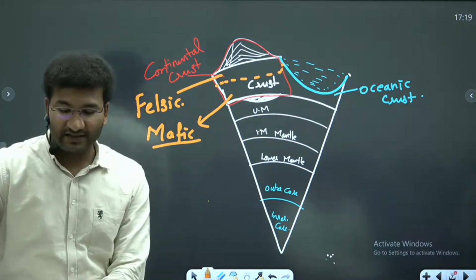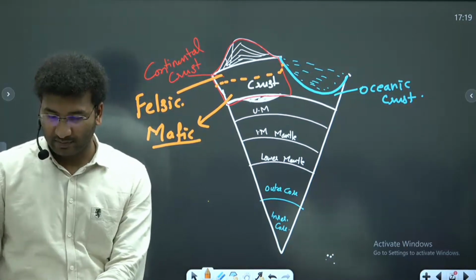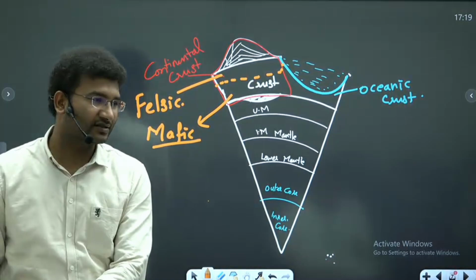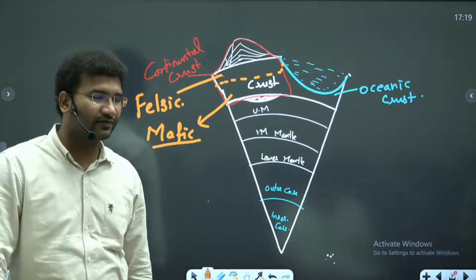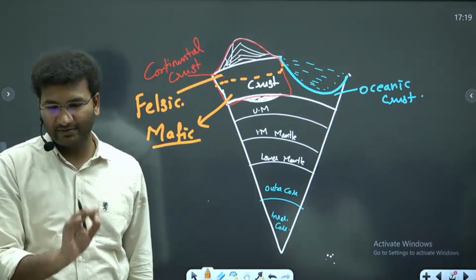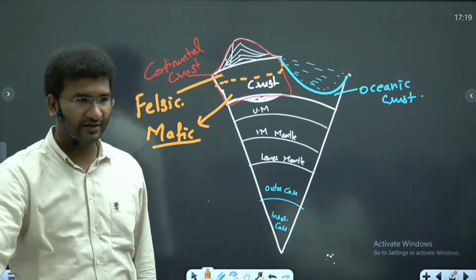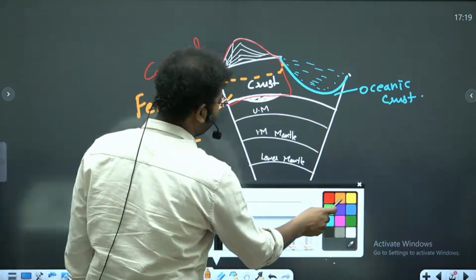Felsic means where the SiO2, that is silicon oxide content, is more. Mafic means where the silica content is less. In the felsic, nearly 50+% of the content is made up of silica, mitti. Silica, in simple terms, you will call it mitti. Okay? So the SiO2 content, that silicon oxide content, is higher here.